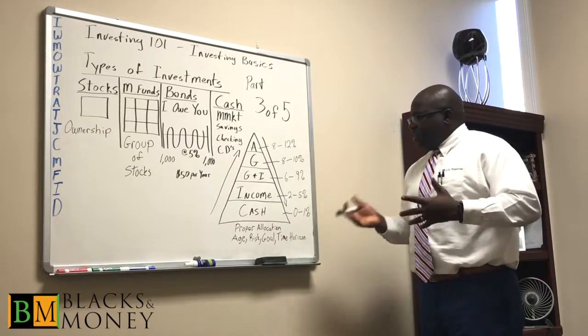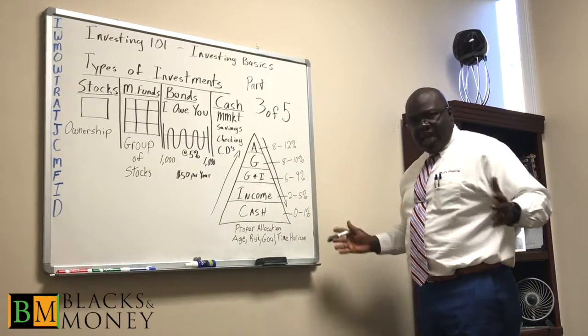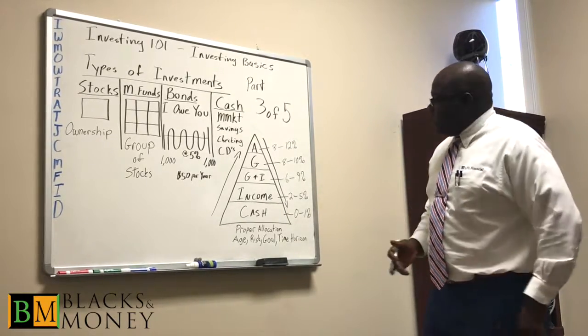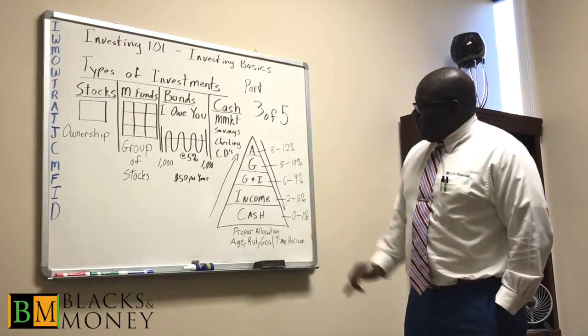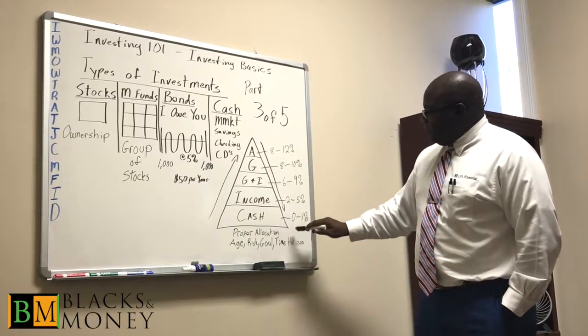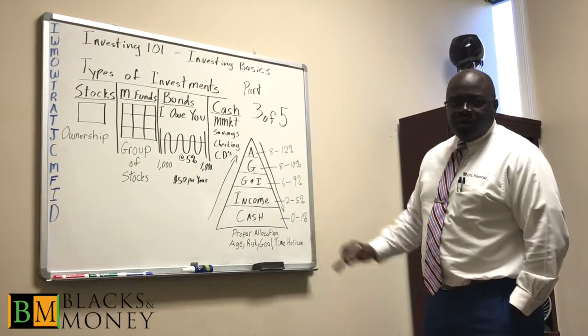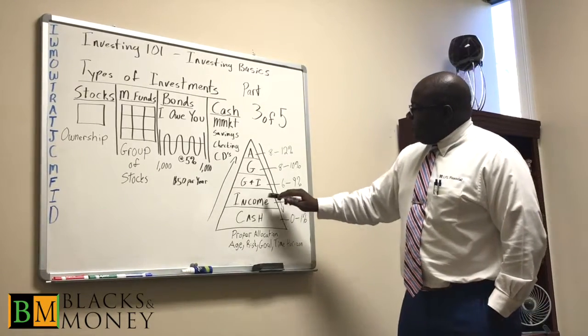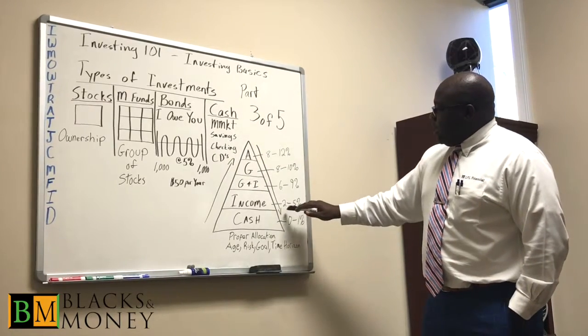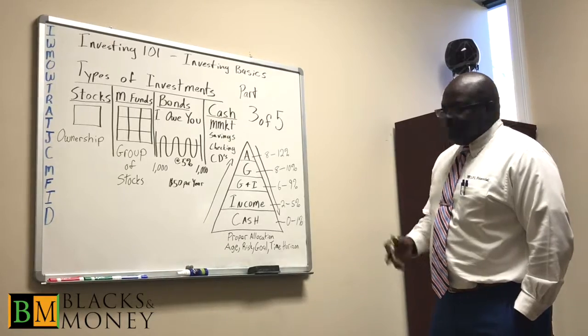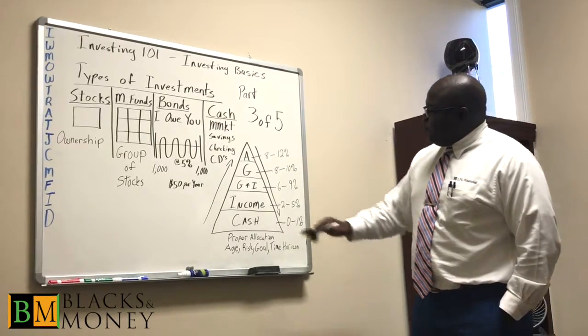So how much money do we expect to make over time, say 20, 30 years, investing in each of these areas of the pyramid? Well, in cash, we know we're going to earn between 0 and 1%. As far as income is concerned, when we're talking about bonds, we are going to earn between 2 and 5% historically.